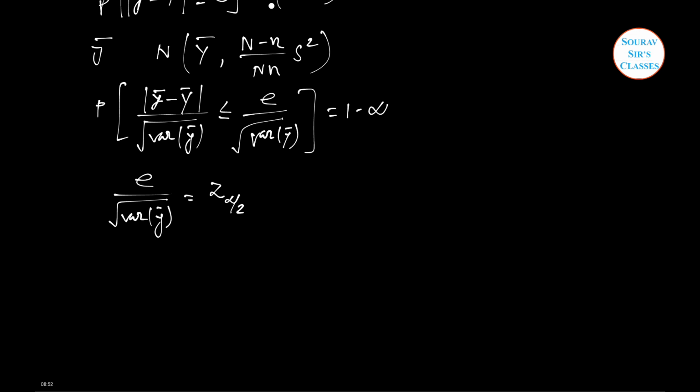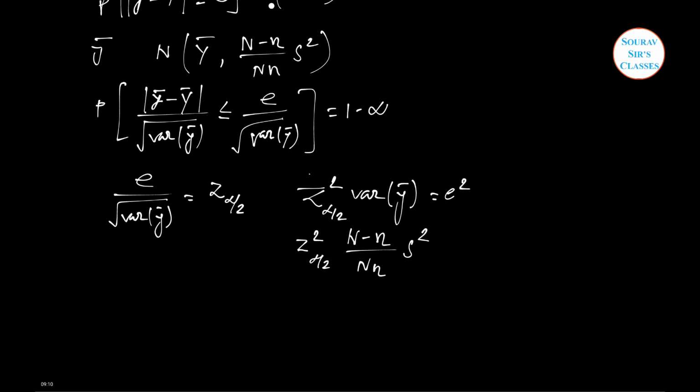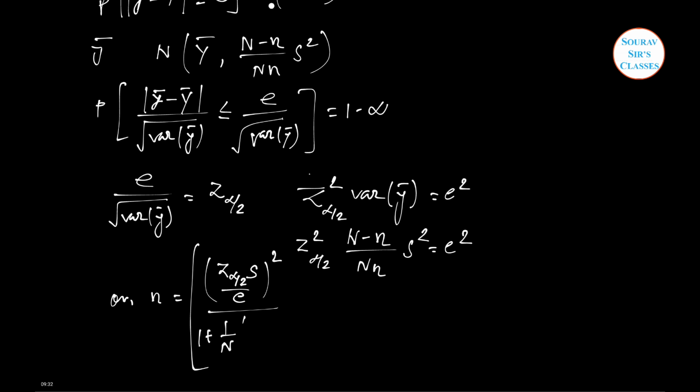E by root variance of y bar equals z alpha by 2, or z square alpha by 2 variance of y bar equals E square, or z square alpha by 2 (N minus n) by Nn S square equals E square, or small n equals (z alpha by 2 S by E) whole square divided by (1 plus (1 by N)(z alpha by 2 S by E) square), which is the required sample size.